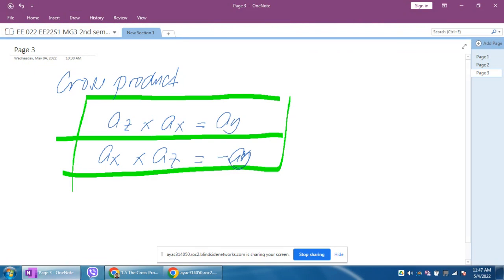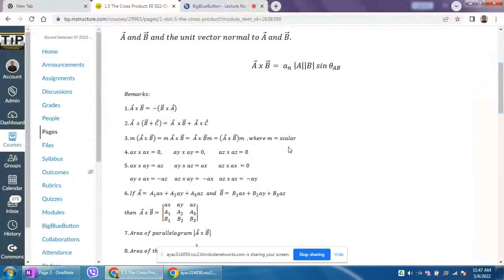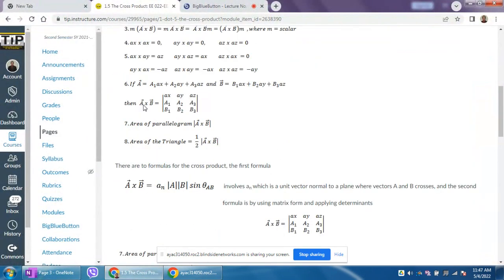Okay. And then, if vector A is given by this one and vector B is given by another, then the cross product, naalala niyo pa yung matrix, determinants. So ganito po ang gagawin natin doon.